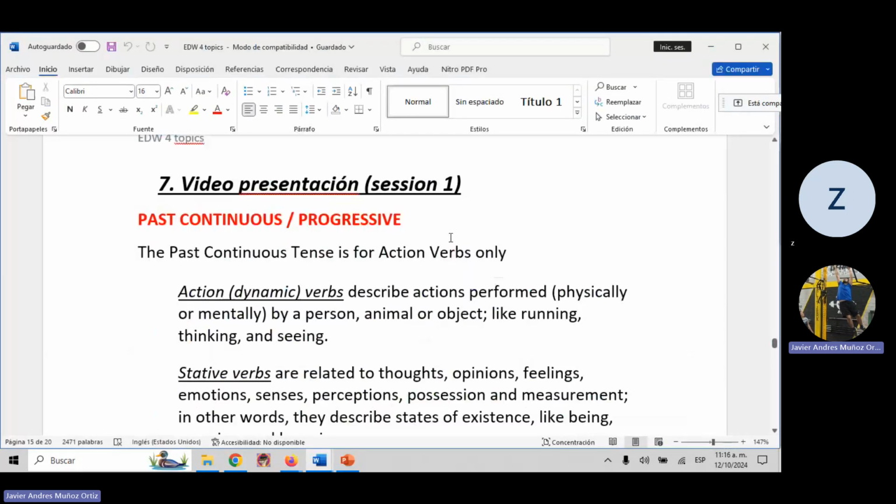So let's do a recap of what is the past continuous tense. Why do we use this tense? So past continuous tense, also called past progressive tense, requires two kinds of verbs. It requires the verb to be in past, so was or were, depending on the context, and the main verb that is going to be an action verb.